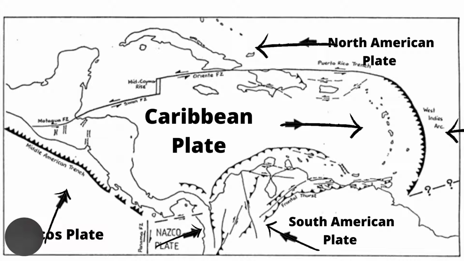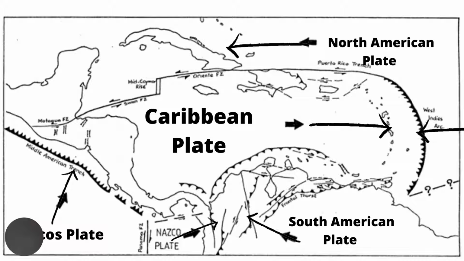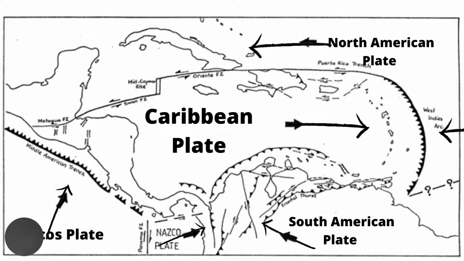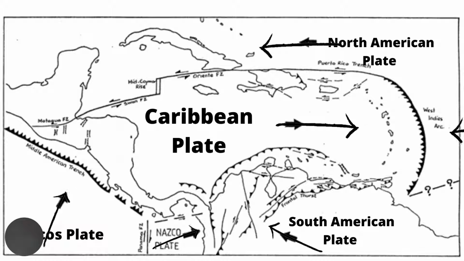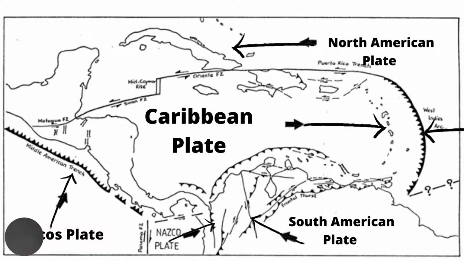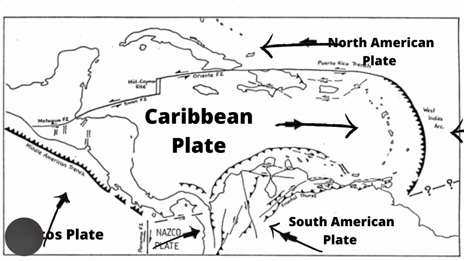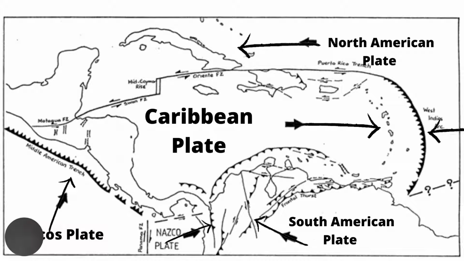At the northern part of the Caribbean plate, where the North American plate is moving to the west and the Caribbean plate is moving to the east, a transform plate margin is created there.